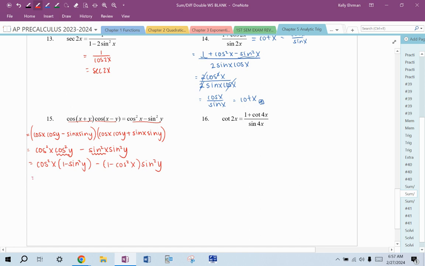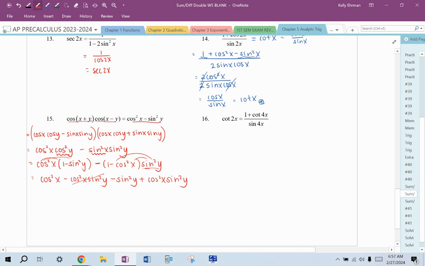That seems like it's complicating things, but let's distribute and see what we have. So distribute a cosine squared through. That gives you cosine squared x minus cosine squared x sine squared y. Think of this as a negative sine squared that you're distributing through. So minus sine squared y plus cosine squared x sine squared y.